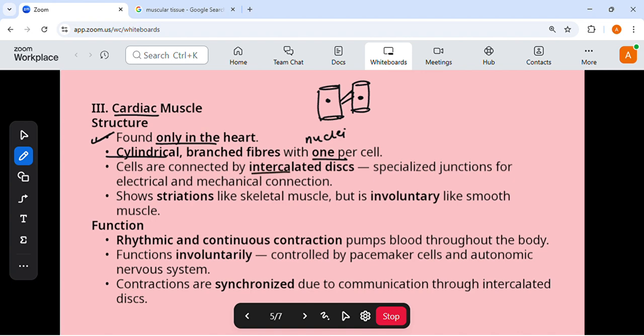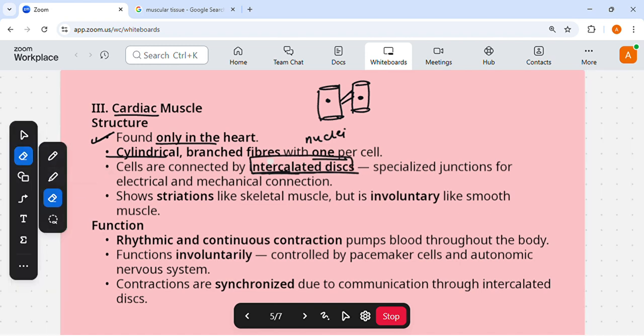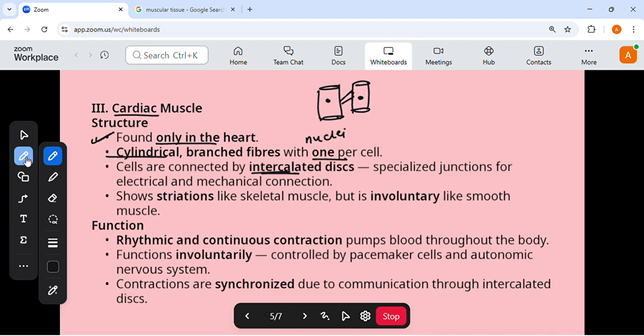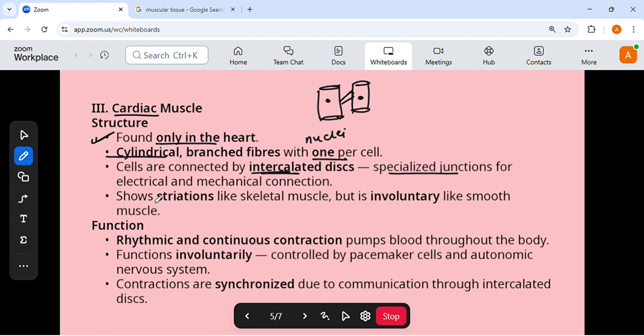The cells are connected by intercalated disc, very important, it is connected by intercalated disc, and specialized junction for electrical and mechanical connection. It shows striations, meaning here again we see dark and light bands.